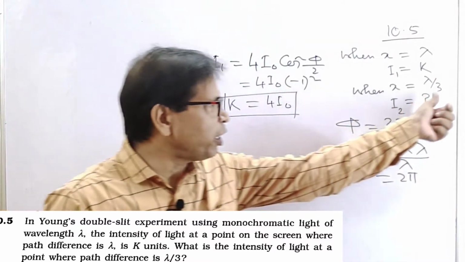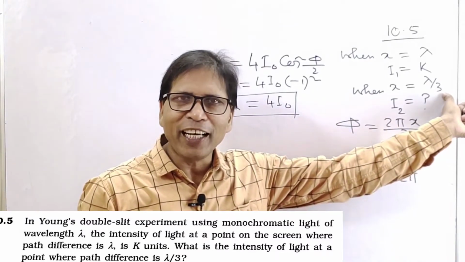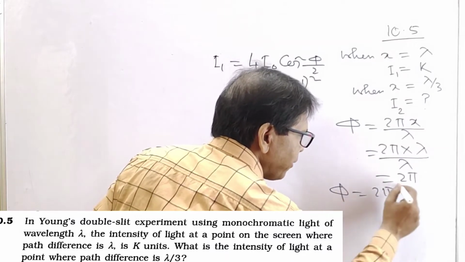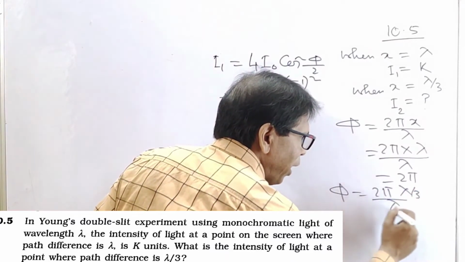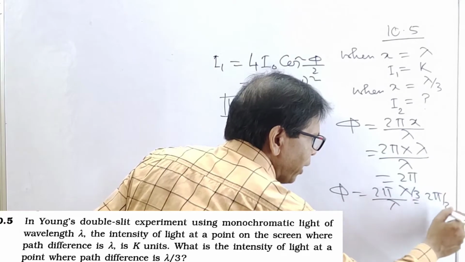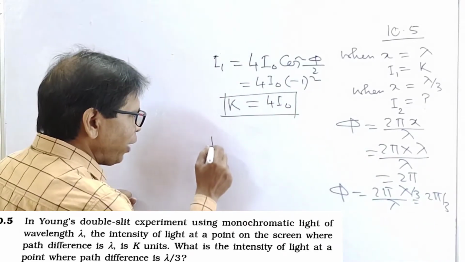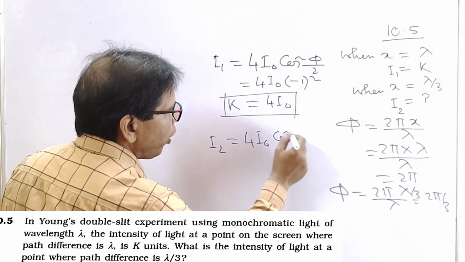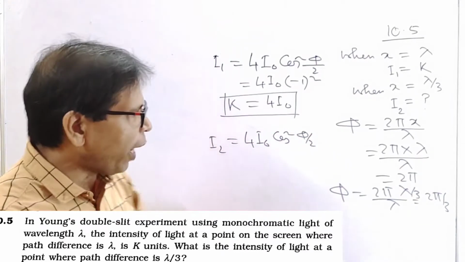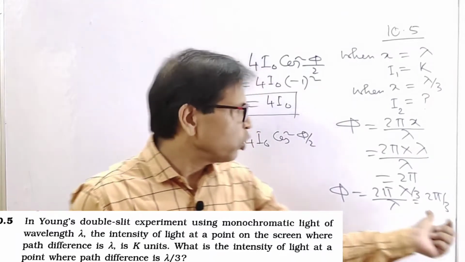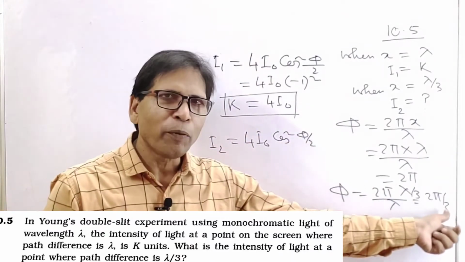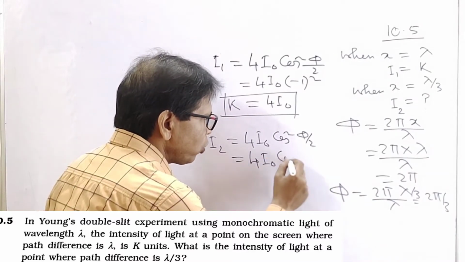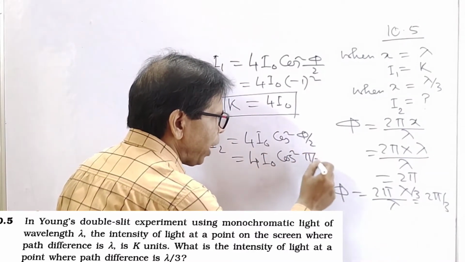Now what is the phase difference when the path difference is lambda by 3? Here phi equals 2 pi times lambda by 3 divided by lambda, so 2 pi by 3. Now I2 becomes 4 I naught cos square phi by 2. Now phi equals 2 pi by 3, so phi by 2 equals pi by 3.